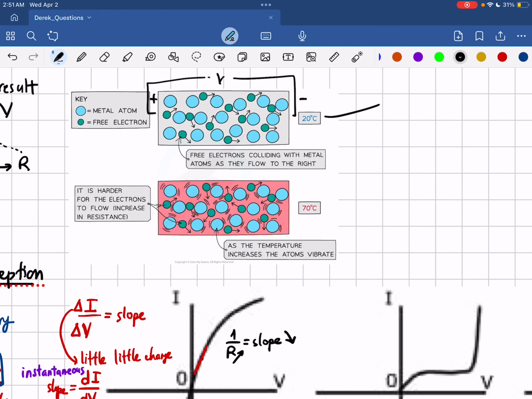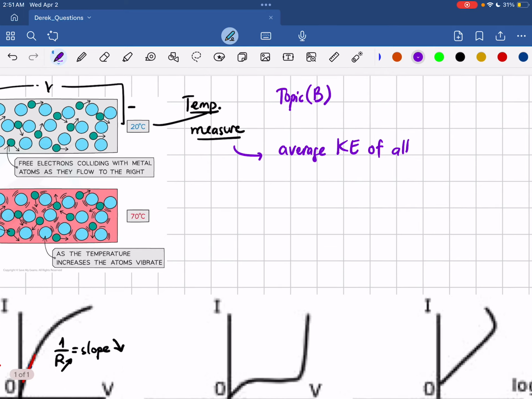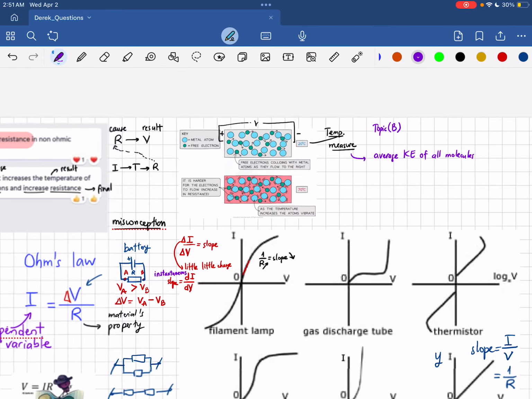Why? Because temperature itself is just a measure. And this is a good revision for topic B as well. Have a look at topic B again. It measures what? It measures the average kinetic energy of all the particles, all the molecules in the substance, right?